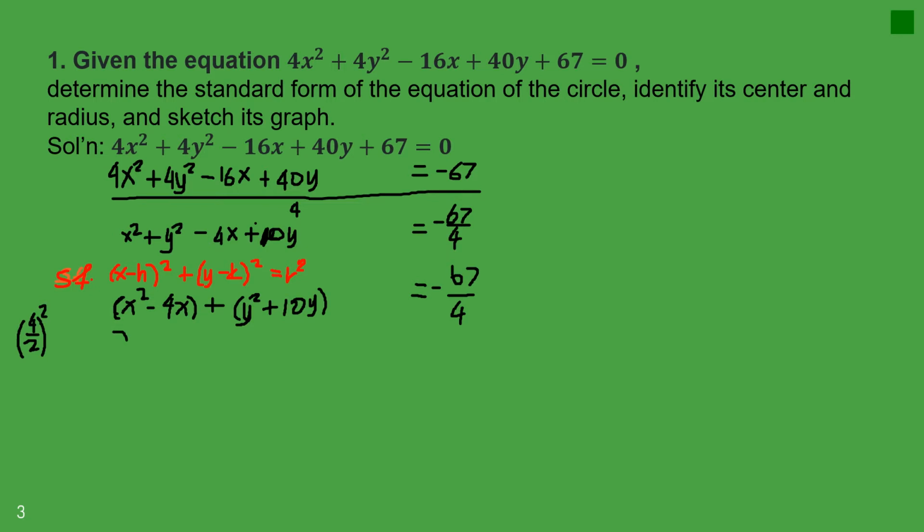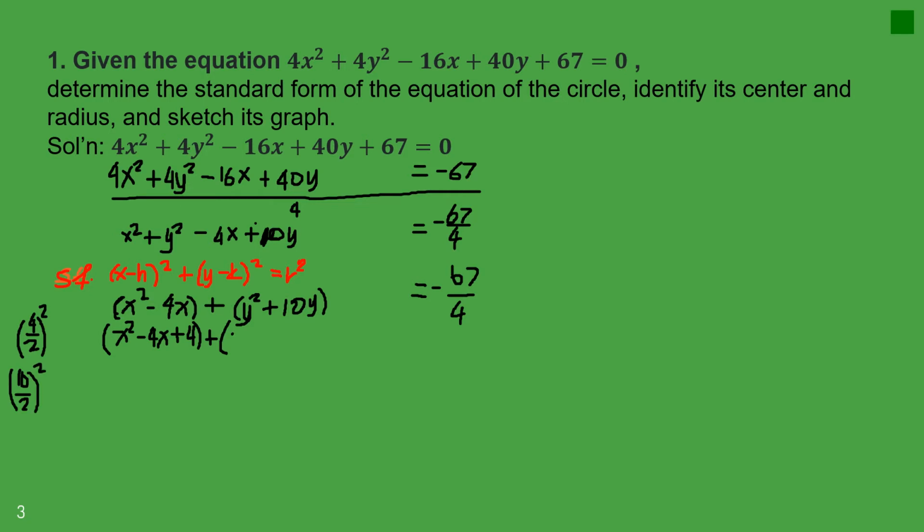And so we have here x squared minus 4x, and we need to add 4 based on what we just found. This is now one perfect square trinomial. Okay? Plus, the second term is y squared plus 10y. So we have 10 divided by 2 is 5. We square it, we have 25.